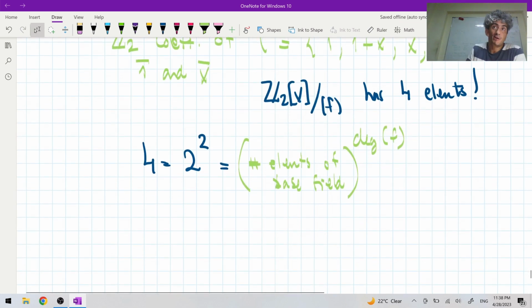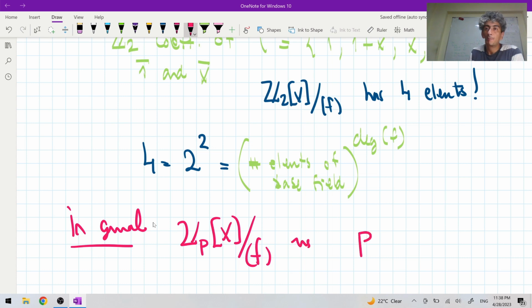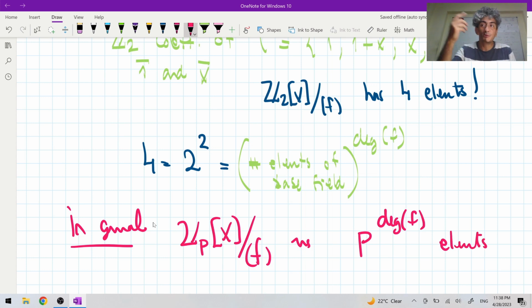In general, for Z_p of x over f, then you have just p to the degree of f elements. So we are now in position that we can construct fields of order p to any natural number for which we have an irreducible polynomial of that degree. Okay?